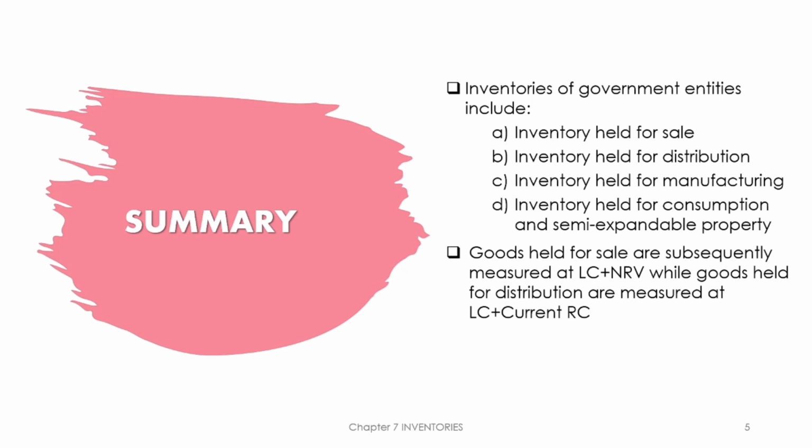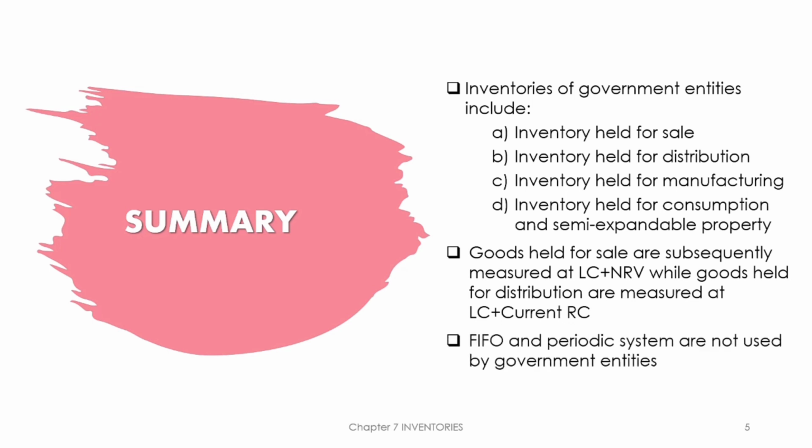And then, as we have learned earlier, cost comprises of the purchase cost and the direct cost incurred in bringing the asset to its intended location and condition, which, by the way, excludes the abnormal amounts of wasted materials, labor, and production overhead, as well as the selling cost and the administrative overheads.